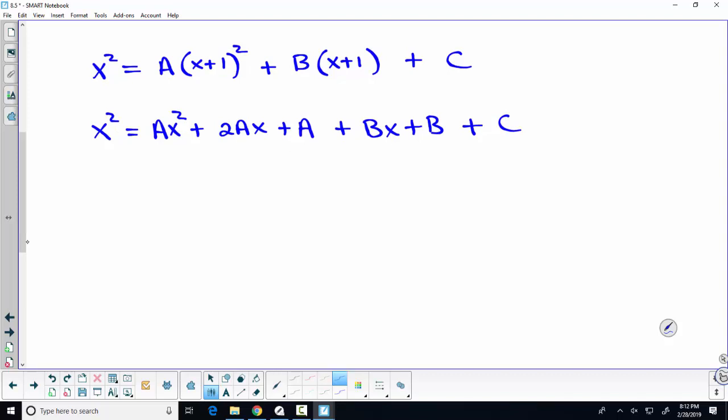Are you all right with that? Are there any questions? Keeping in mind that we have to equate the coefficients, we just have the x squared over here. So what we're thinking about is this is 1x squared plus 0x plus 0.